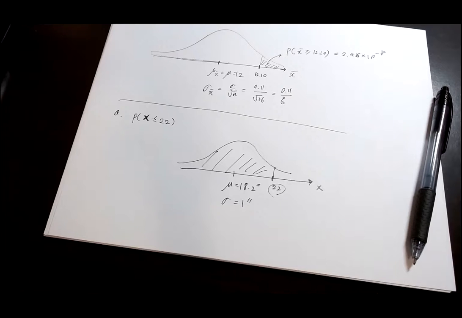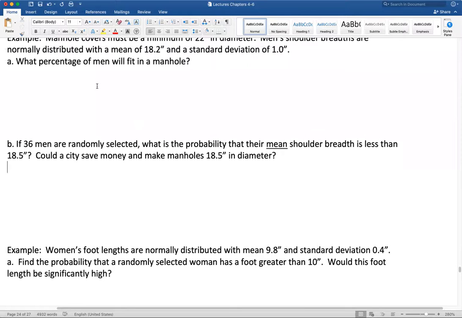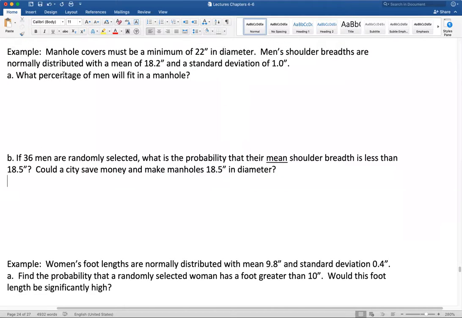Now look at question A. The 100% means the man will fit in a manhole. So I think maybe we have to reduce the diameter of the manhole, right?